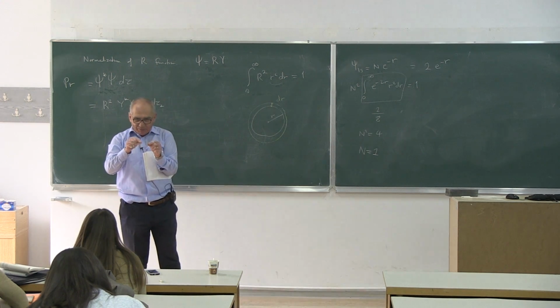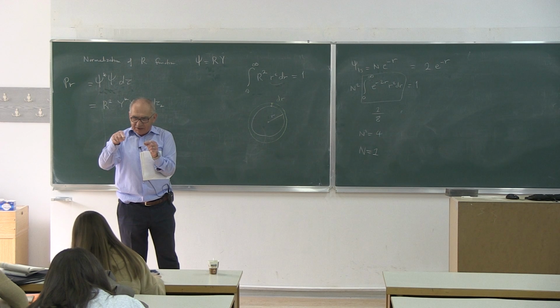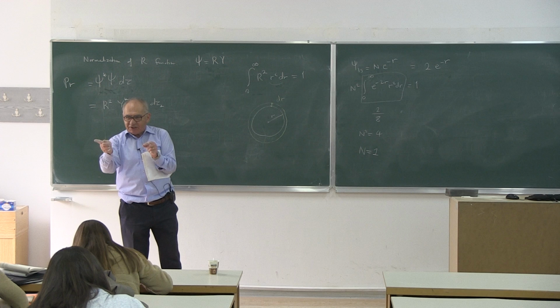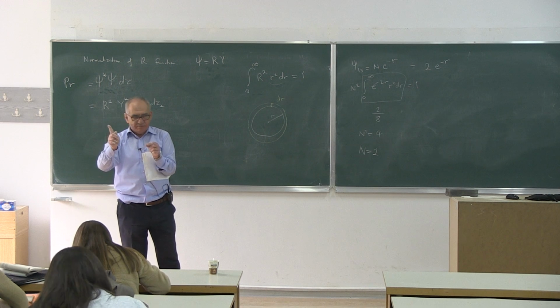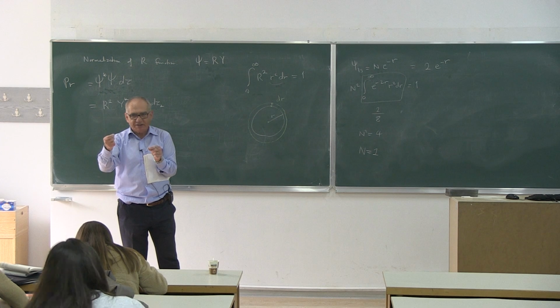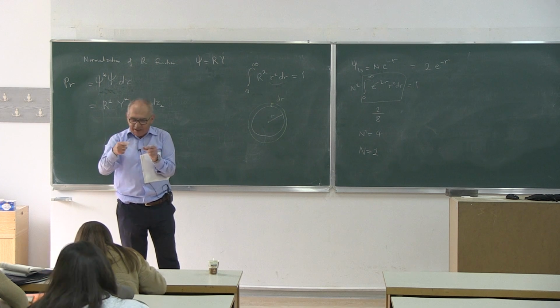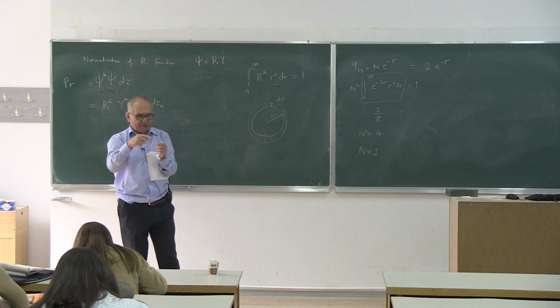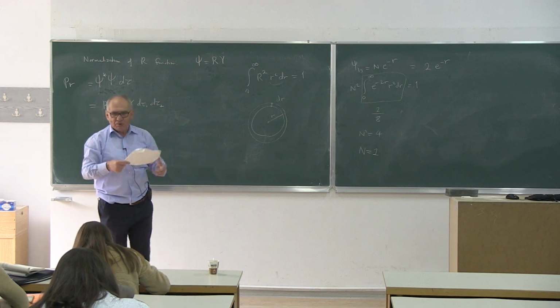What does this mean? r is fixed, delta r is fixed, but the angles may change. We have two angles. One is theta, the other is phi. To find the total probability, regardless of what the orientation is, what is the rule?